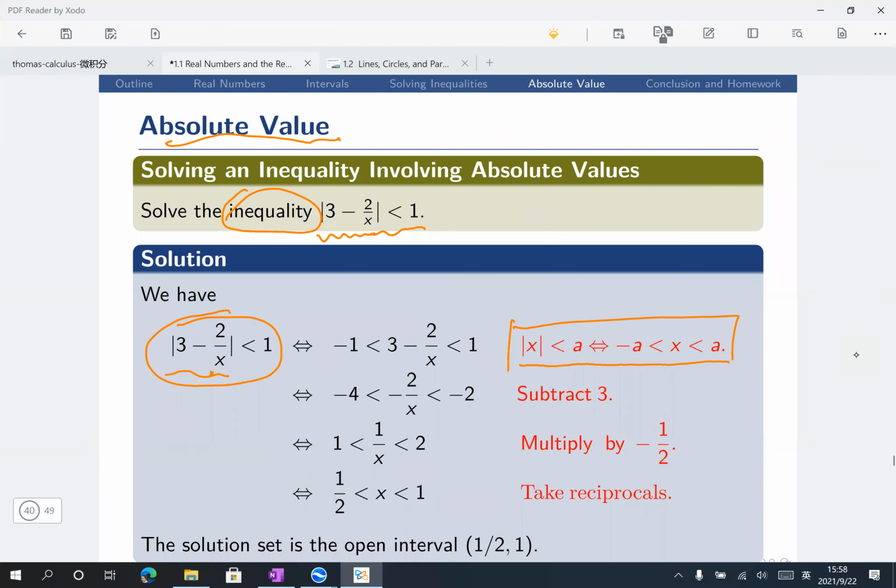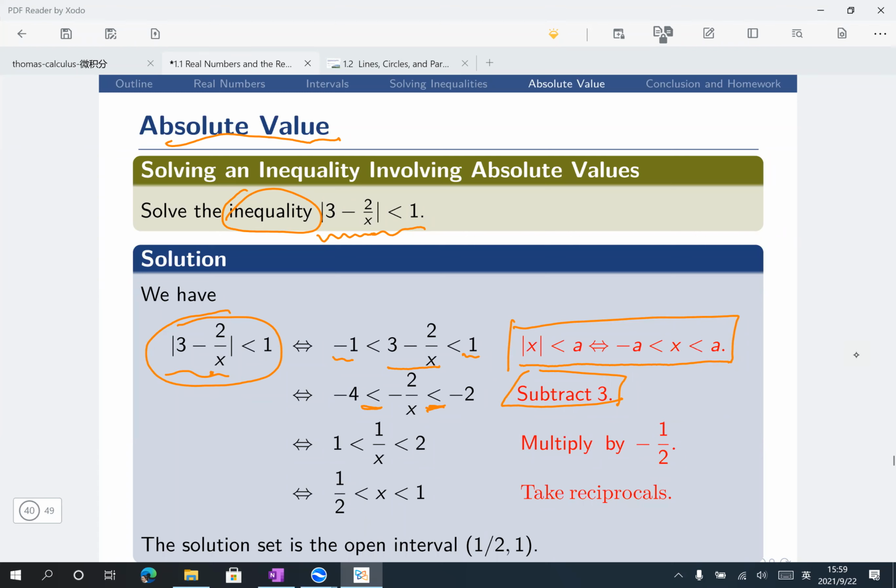From this we can get 3 minus 2 over x is larger than minus 1 and smaller than 1, right? And to solve this inequality, we subtract 3 on both sides, right?